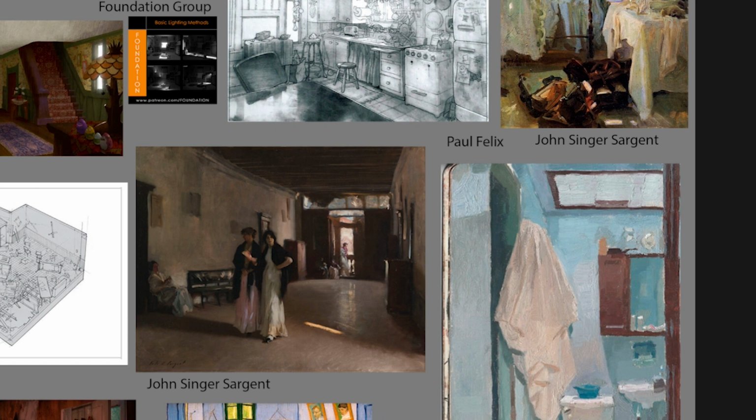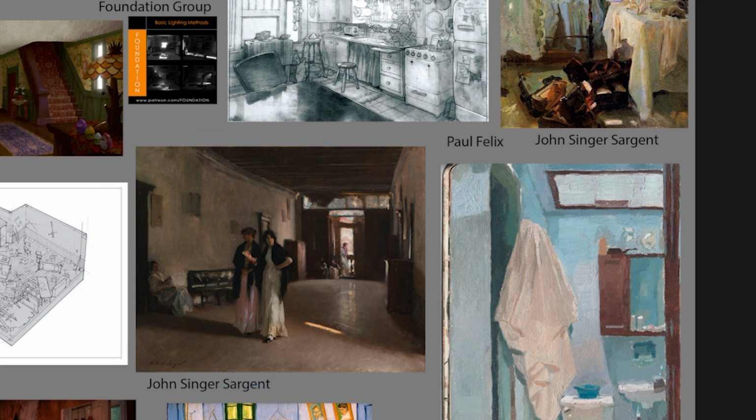Having this realistic background and doing a lot of studies, still life studies, as I discussed in the objects and furniture, you will learn piece by piece and then put it all together in a bigger, more complex scene.